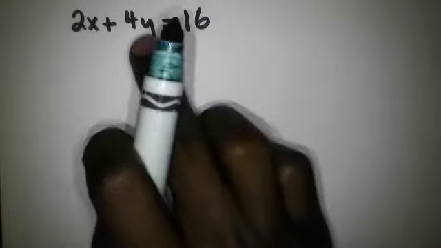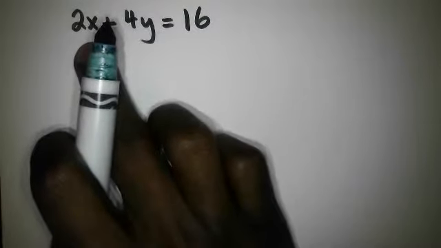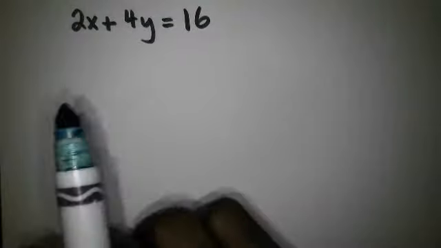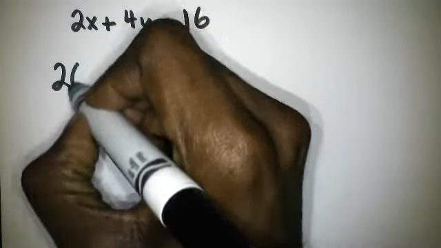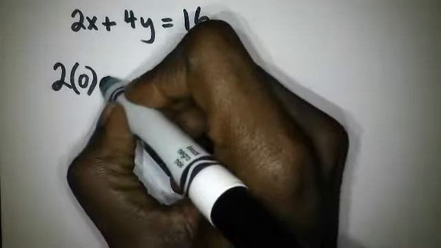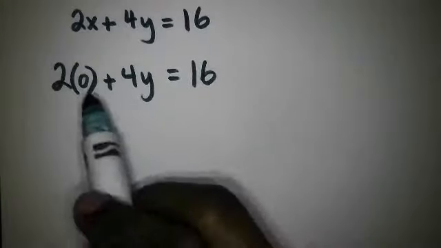In order for us to find the y-intercept, we can make x 0. So we're substituting x for 0. 2 times 0 plus 4y is equal to 16. I didn't change anything but x.